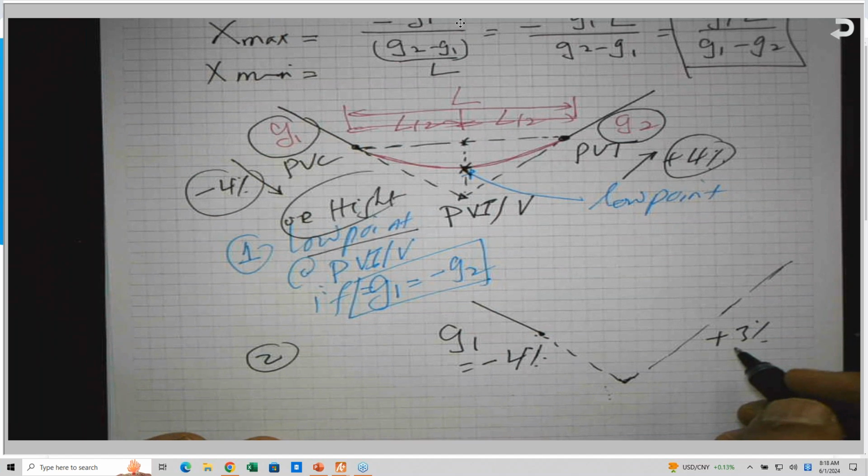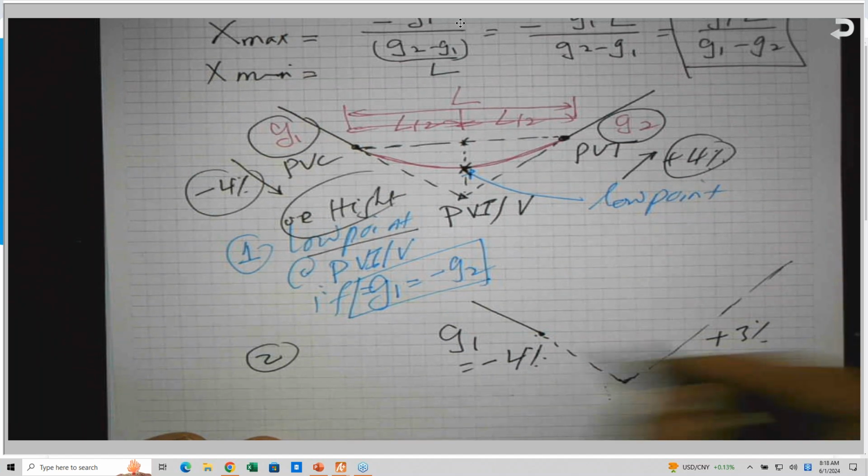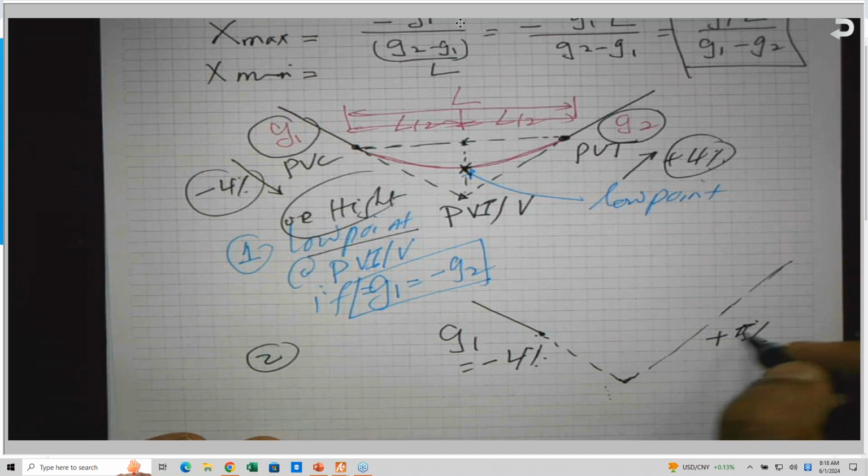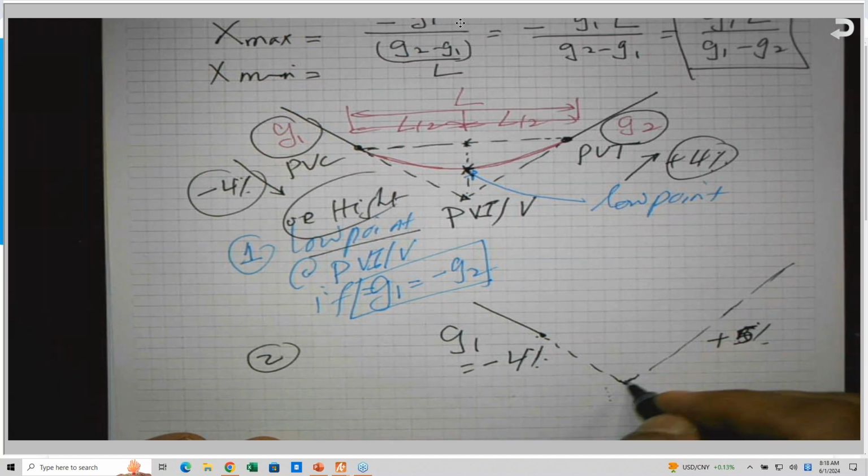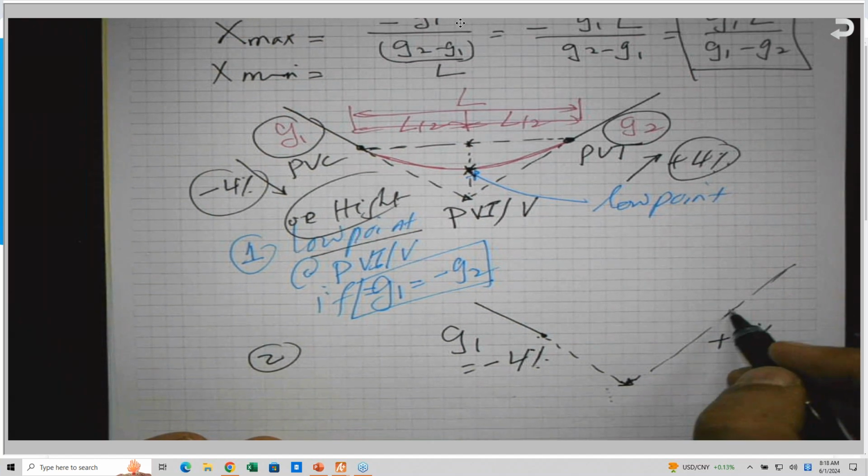Let's make it steeper, a plus 5%, because it looks steeper. Okay, and we have the vertical curve.